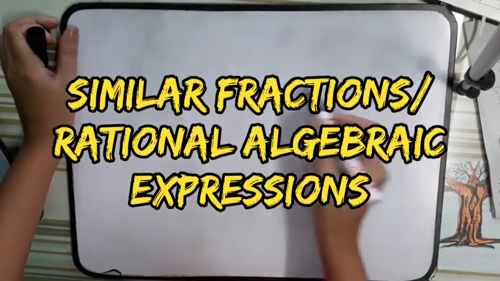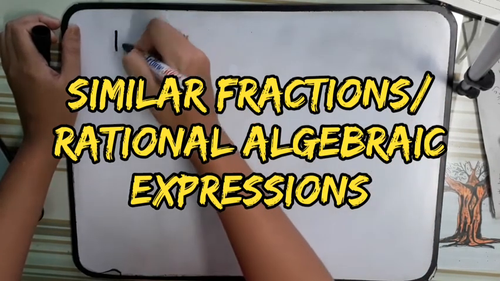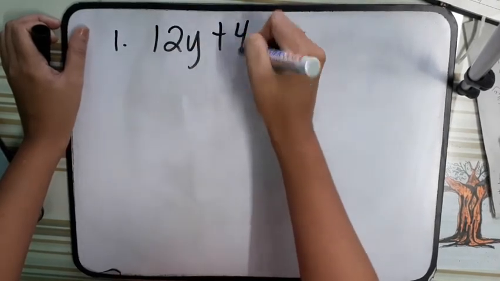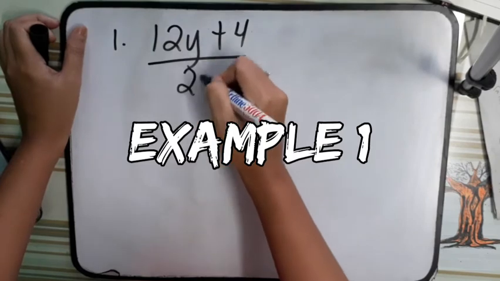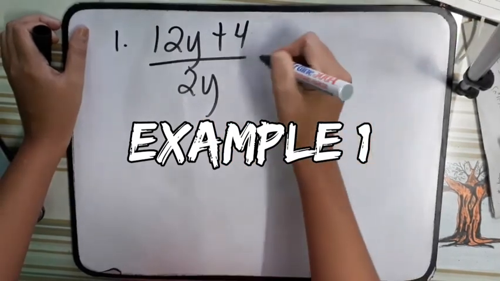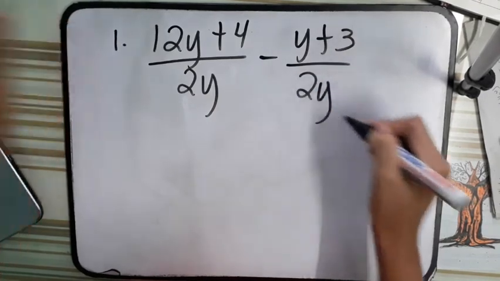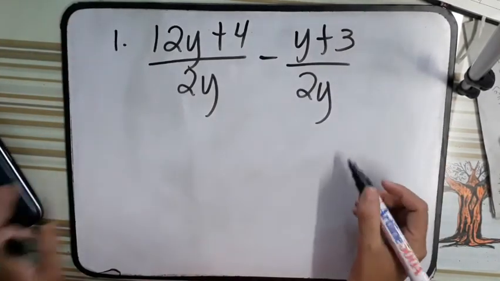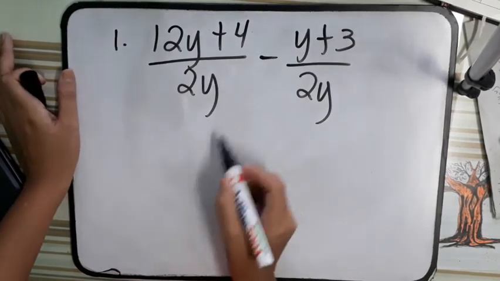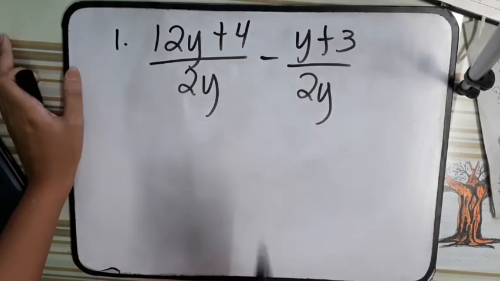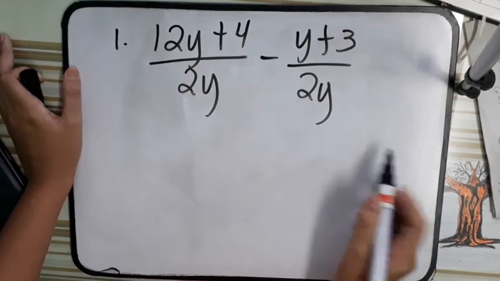So, for example, let's say we have 12y plus 4 over 2y minus y plus 3 over 2y. Okay, we are going to perform subtraction on the upper part but copy the lower part.